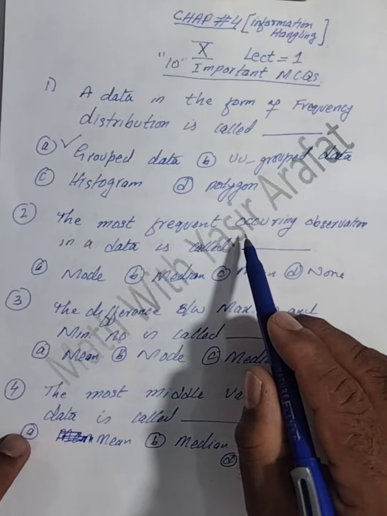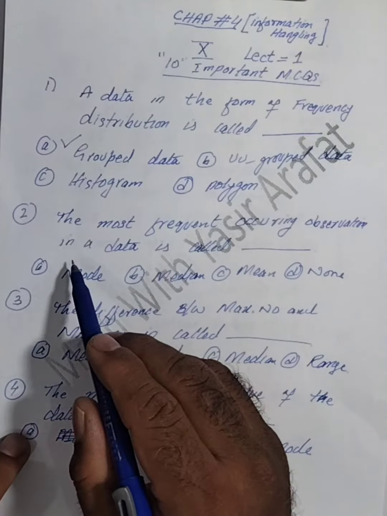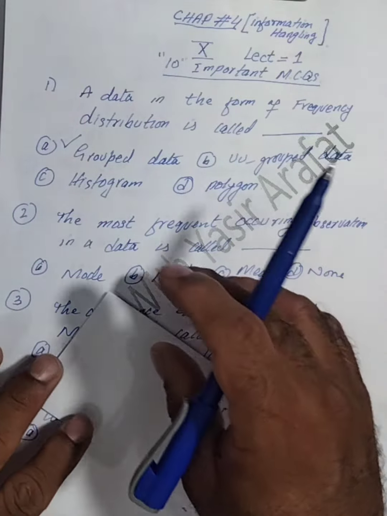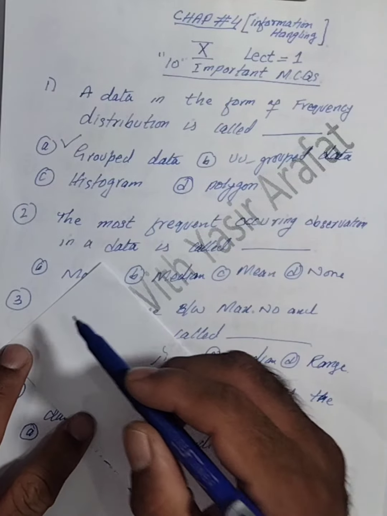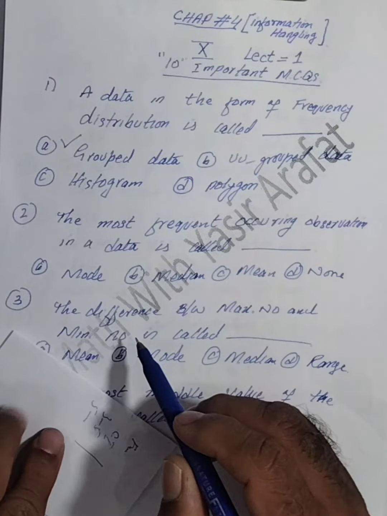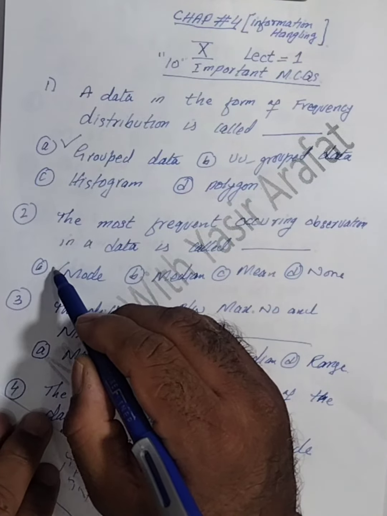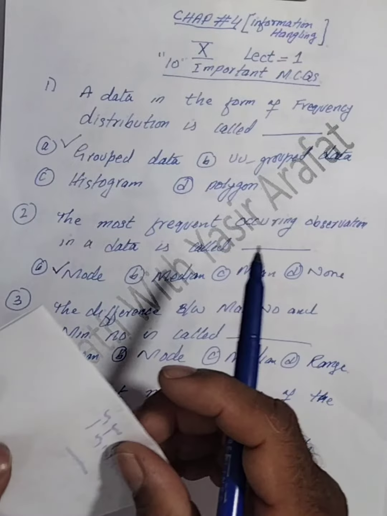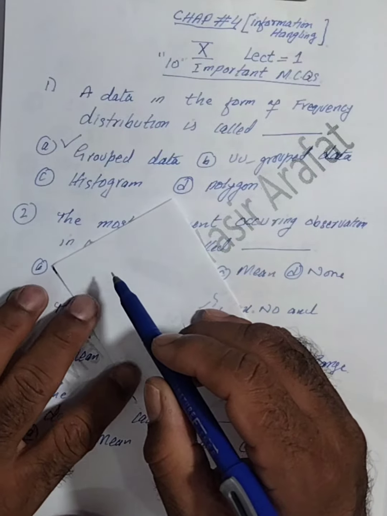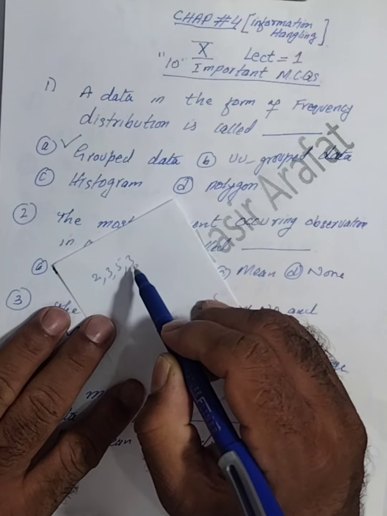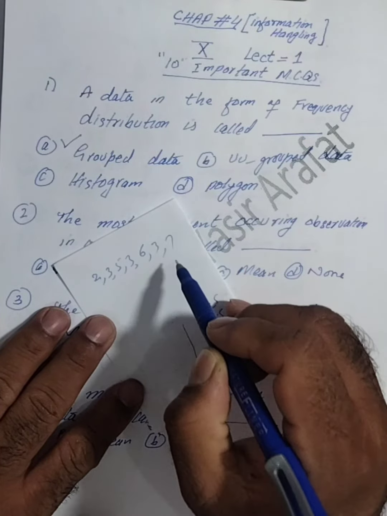The most frequent occurring observation in a data is called the most frequent number, the number which repeats itself most is called mode. Mode is the most frequent number in the given data. For example, here 2, 3, 5, 3, 6, 3, 7.